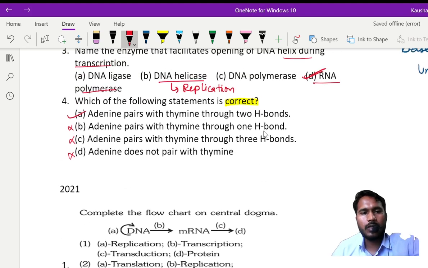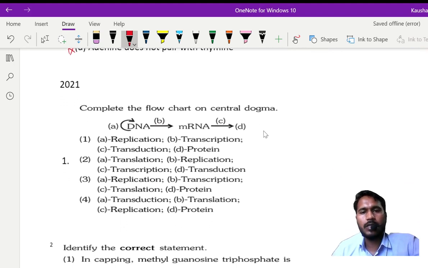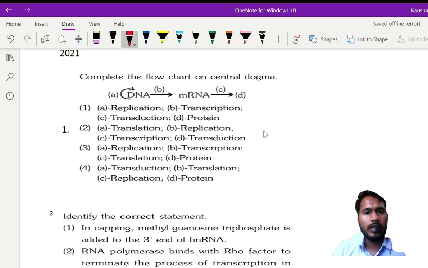In this year, 2020 only, they asked 4 questions. After that, they asked like 6, 7, 8. Complete the flow: DNA replication, then transcription, then translation, and then protein. What will be your answer? Replication, transcription, transduction?